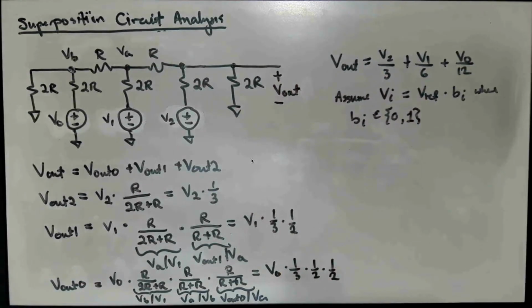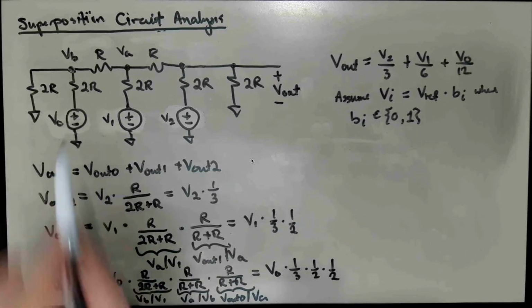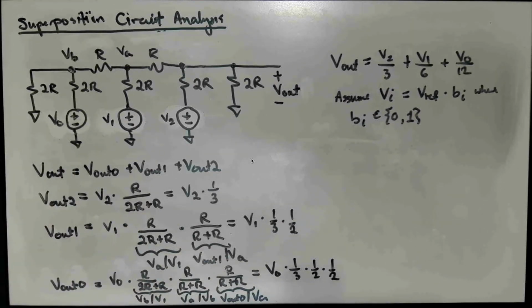So Bi is a bit. A binary digit can be either 0 or 1, which means that depending on the value of Bi, these voltage sources are either 0 or they are Vref.